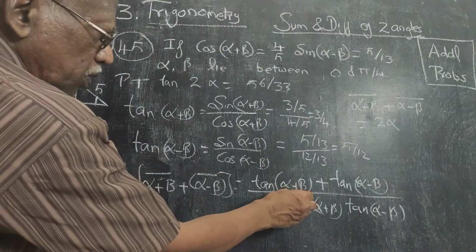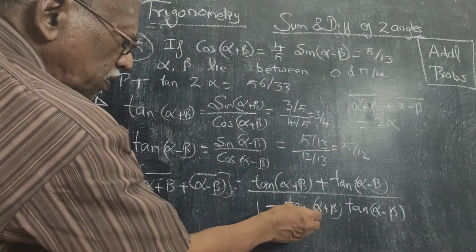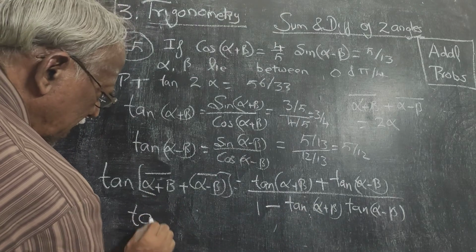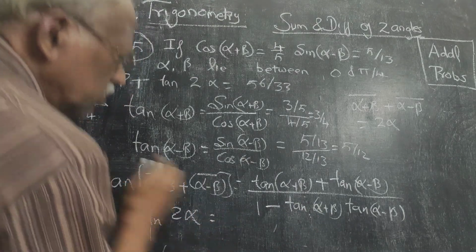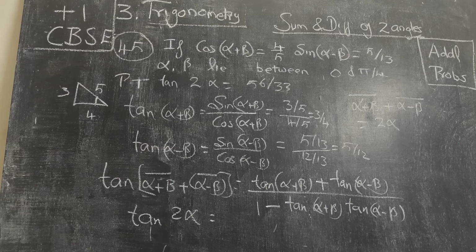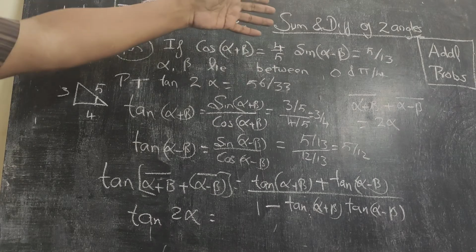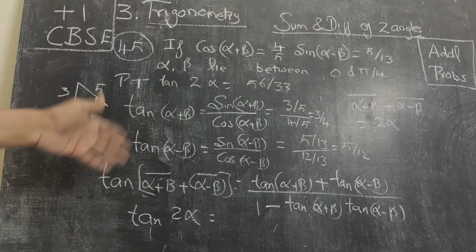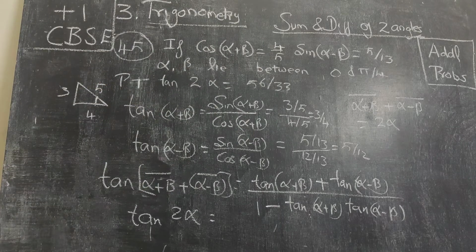So you know these values. If you substitute and simplify, you will get the tan 2 alpha. So we have come to the problem. So nice problem. It should strike you that 2 alpha can be alpha plus beta plus alpha minus beta. And with the help of the given data, you find out tan(alpha plus beta), tan(alpha minus beta), and then apply this formula.